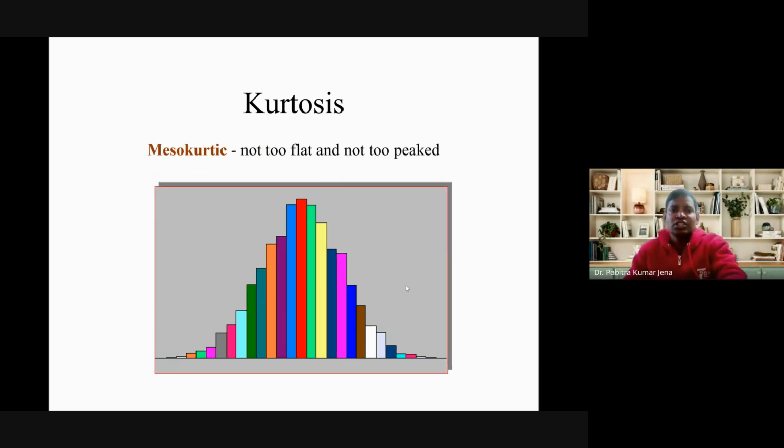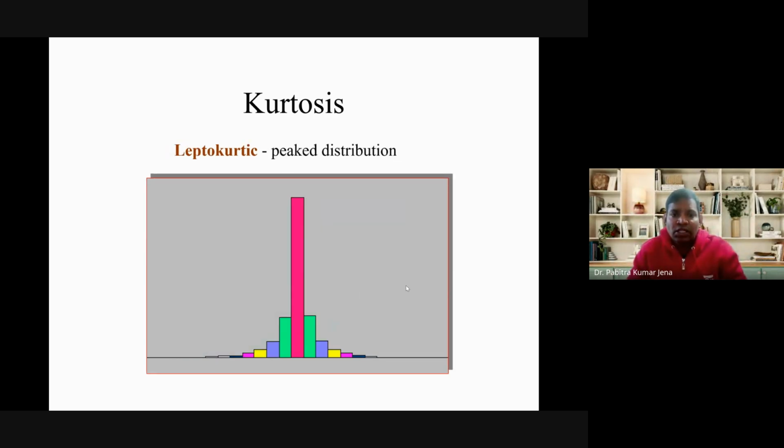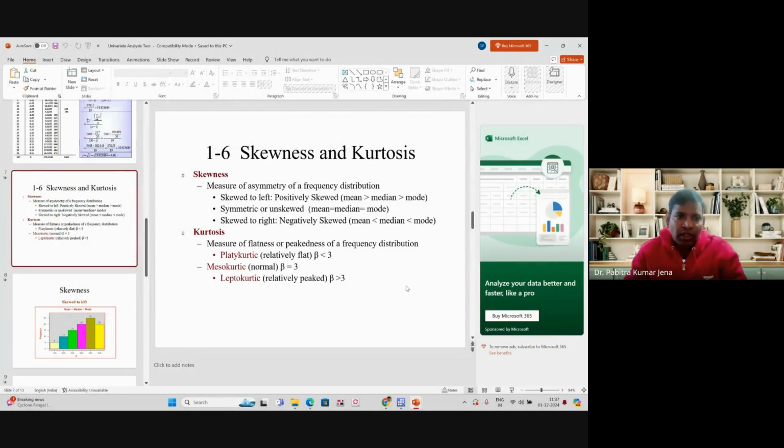Then you can see this is the mesokurtic. And this is leptokurtic, a peaked distribution. For a normal distribution, mean, median and mode should be equal, and it should be mesokurtic, which means the beta value should be near 3. Okay, clear?